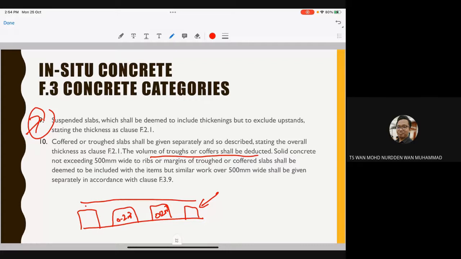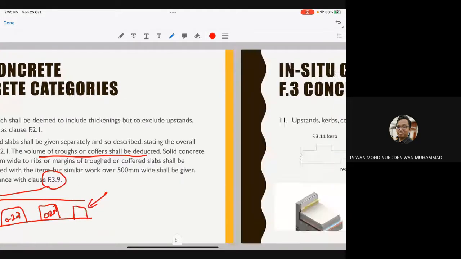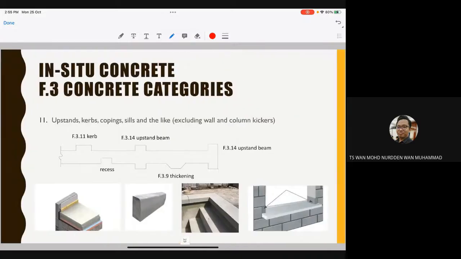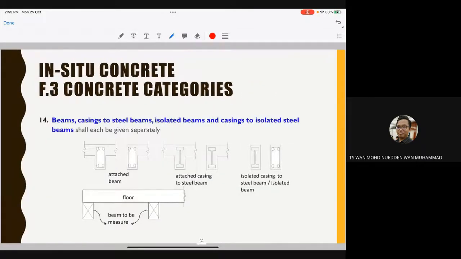Solid concrete not exceeding 500 mm wide to ribs or margin of trough or coffered slab shall be deemed to be included with the item, but similar work over 500 mm wide shall be given separately in accordance with F.3.9, which means that kawasan tu dah jadi suspended slab. Ada contoh ni.